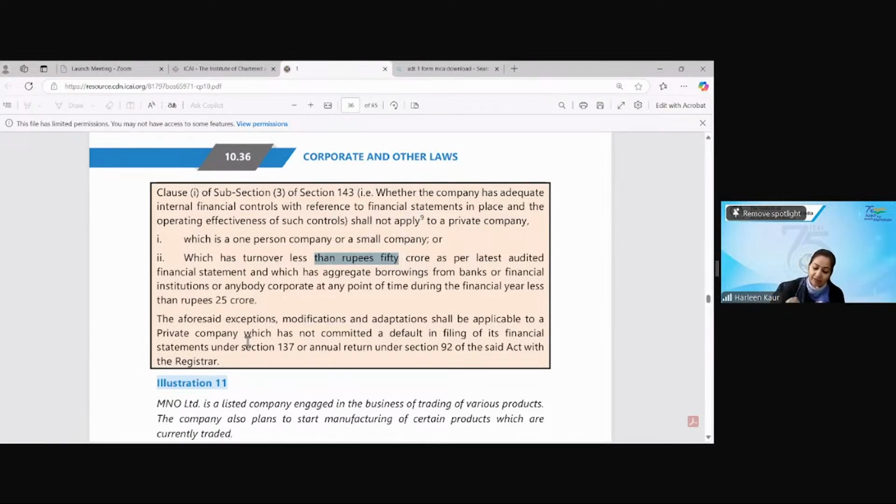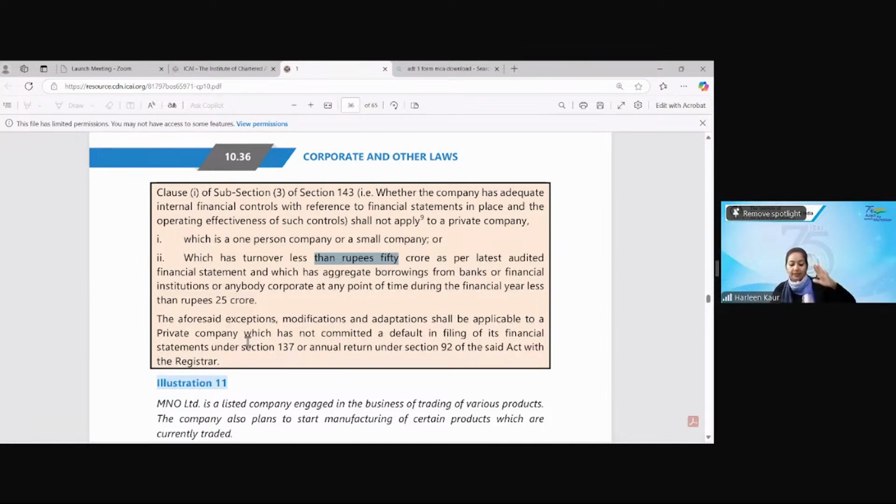You first have to see whether the internal financial controls are working properly or not. But it is not applicable to OPCs, small companies, and private companies having turnover less than 50 crores or borrowings less than 25 crores. To these companies, this internal financial control point is not applicable.